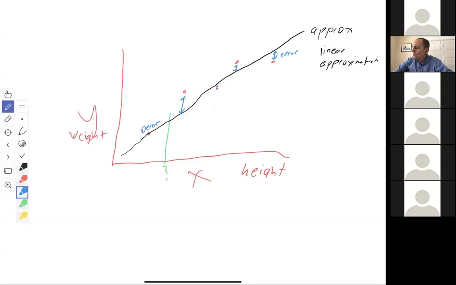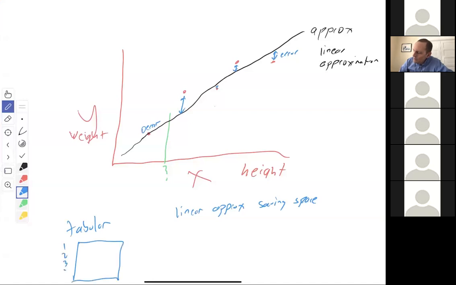So by having this linear approximation, we're saving space, for one thing. Okay, if we had a tabular method, if we've had 1, 2, 3, 4, 5 samples, then we've got to keep track of a table with 5 entries in it. 1, 2, 3, 4, and 5, right?